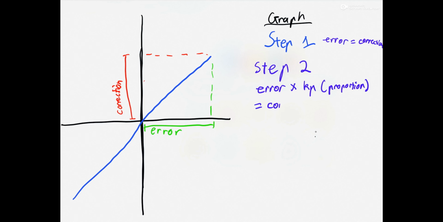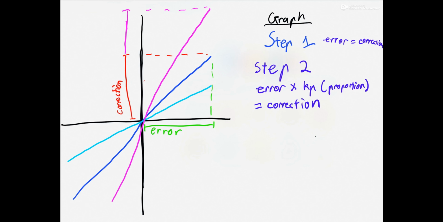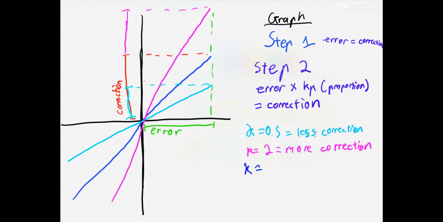After step 2, the error multiplied by the proportion would be the amount of correction used. Any of these colored lines could be the amount of correction used. With less proportion for the same amount of error, less correction is used. With higher proportion for the same amount of error, more correction is used. The proportion, or K, could be any number, but you're going to have to test and decide that for yourself.